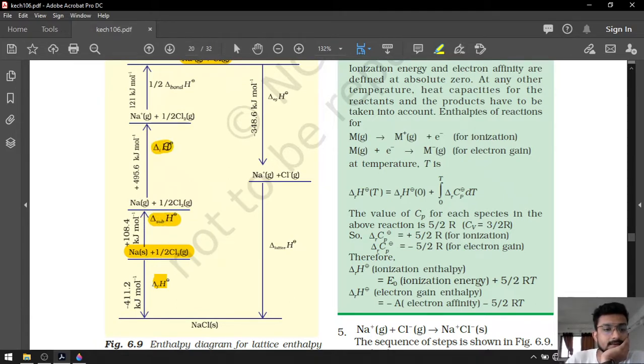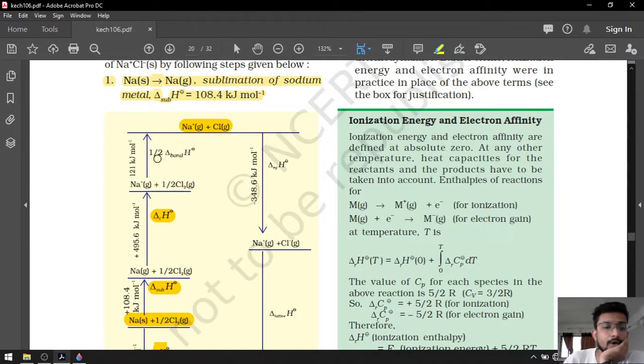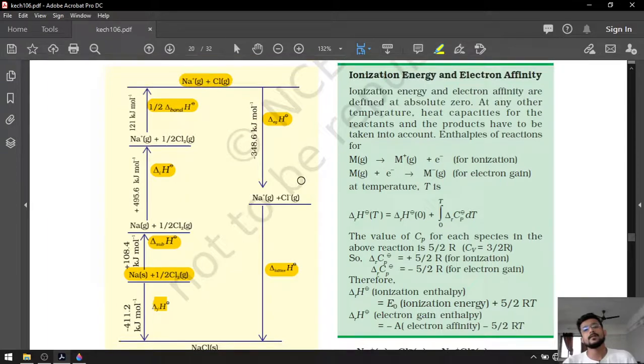In the second step, sodium loses an electron, so ionization enthalpy. After that, the chlorine bond is dissociated, so 1 by 2 bond dissociation enthalpy. After that, electron gain enthalpy, because Cl gas becomes Cl minus gas. After that, lattice enthalpy, because Na plus is converted into NaCl solid, but there is a printing mistake: it is not lattice enthalpy, it is minus lattice enthalpy. Why minus? Because it is the opposite of lattice enthalpy.